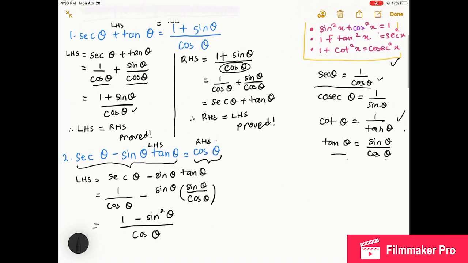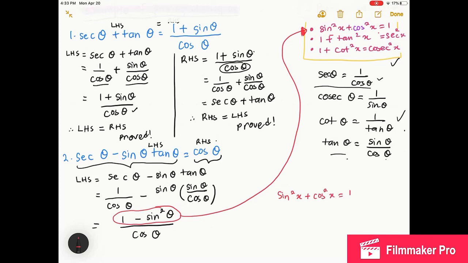Now kids, 1 minus sine square theta, we can get from here. I rewrite: sine square x plus cos square x equals 1. So cos square x equals 1 minus sine square x. You see, this is equal to this one.